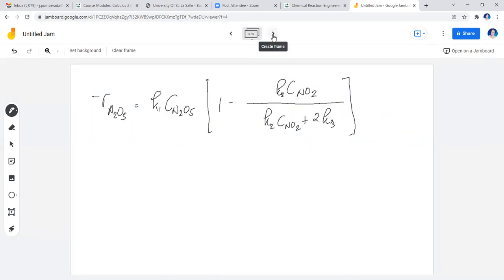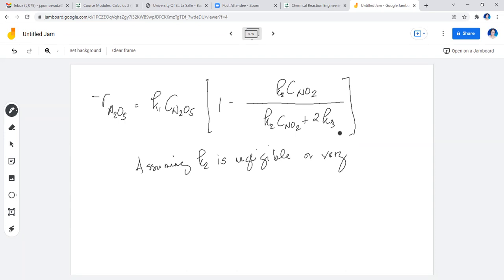Assuming K2 is negligible, miss. Assuming K2 is negligible, or what's a better way of saying it? K2 is negligible, or another way of stating it is, or what?